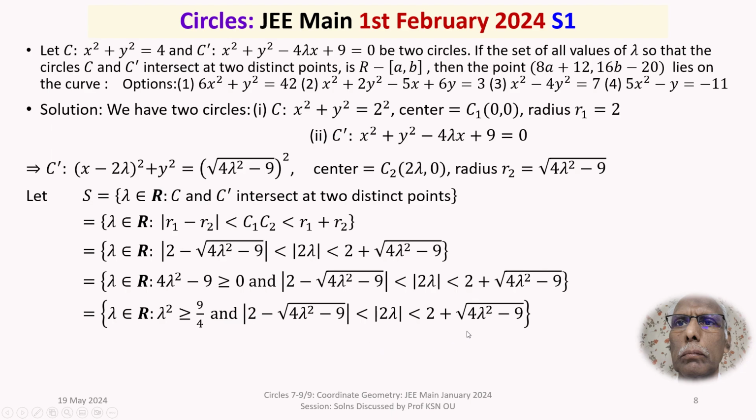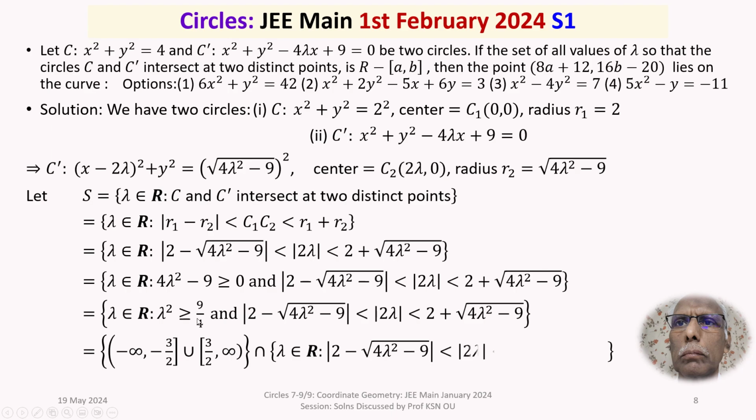That gives all those real numbers in minus infinity to minus 3 by 2 union 3 by 2 to infinity, closed at the 3 by 2 end.